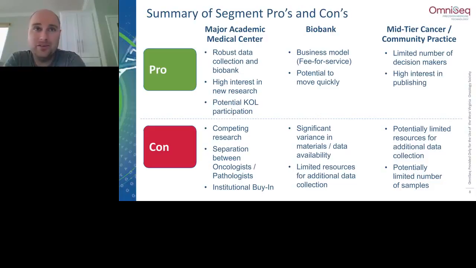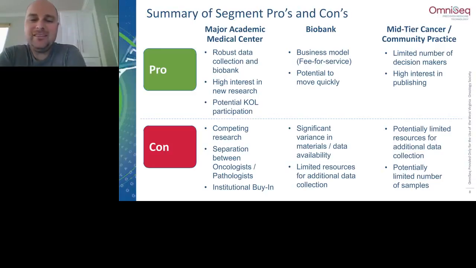These institutions are always looking for more notoriety, more publications that can increase their stature, possibly increase their ability to attract government funding or other charitable donations, and so that is a key motivator for trying to sell these institutions on participating in a retrospective study.